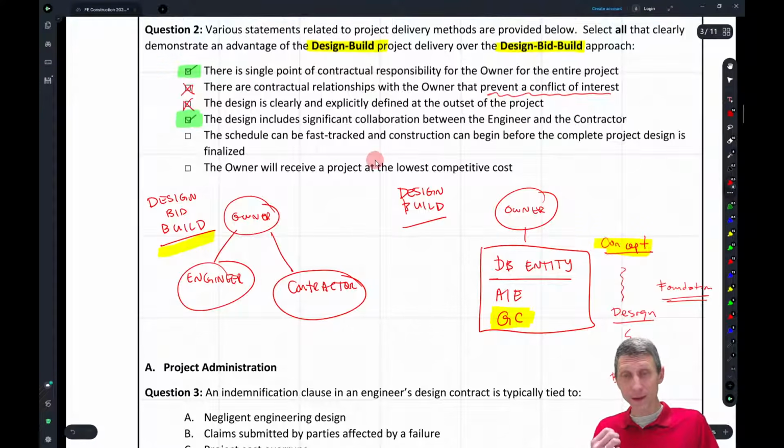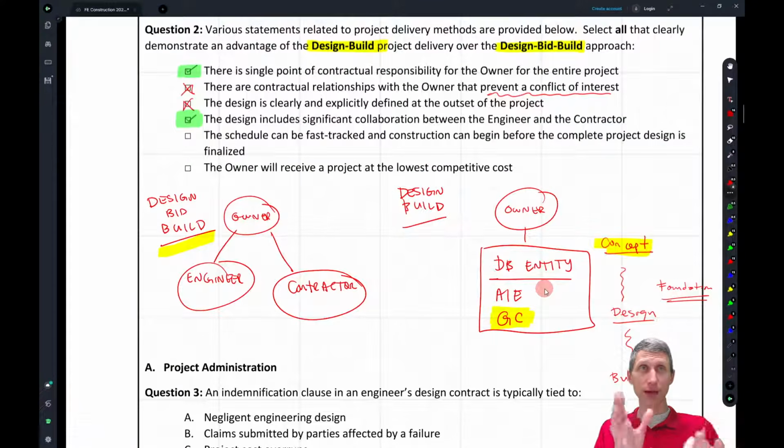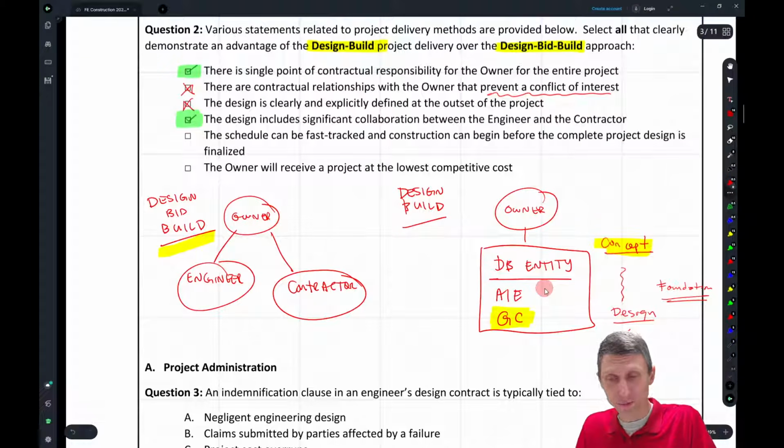But here with the design build version, we don't have to stagger things. We don't have those dependencies where, if we're thinking of Gantt charts, what do we have? We have design, bid, build. If we have Gantt charts here, we have a project dependency where we then go to bid, and then we go to build.